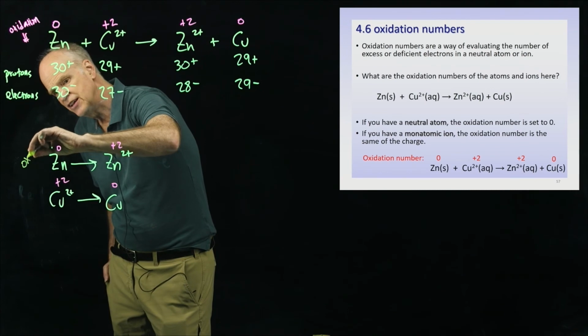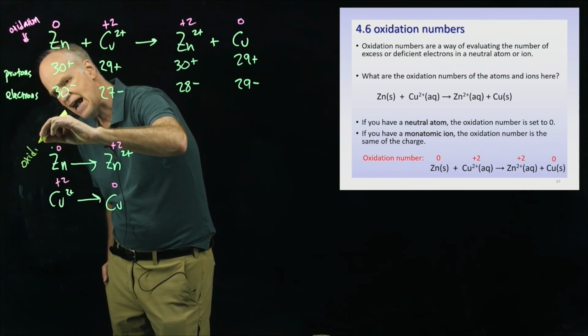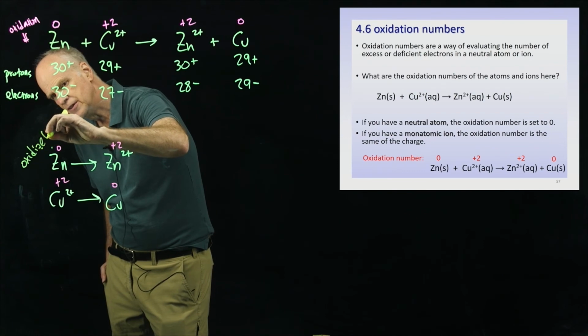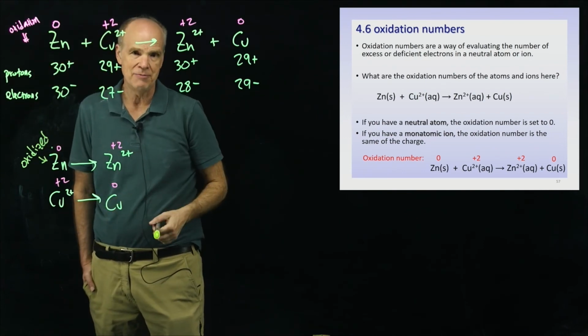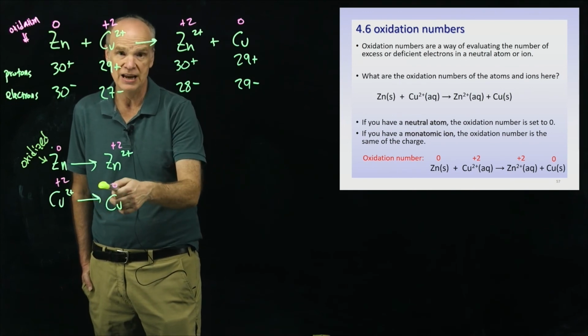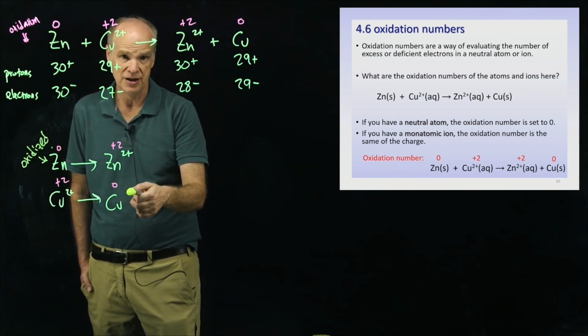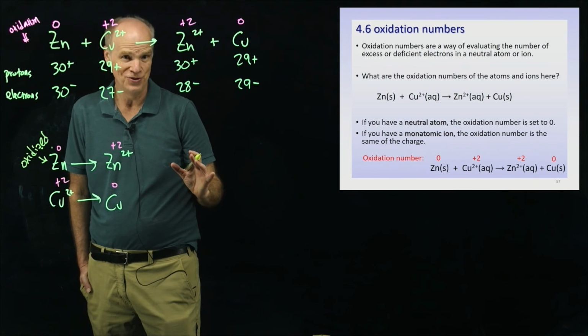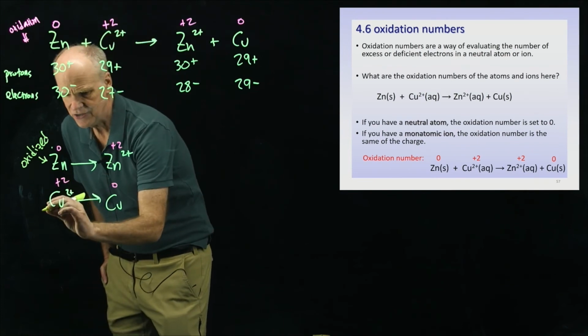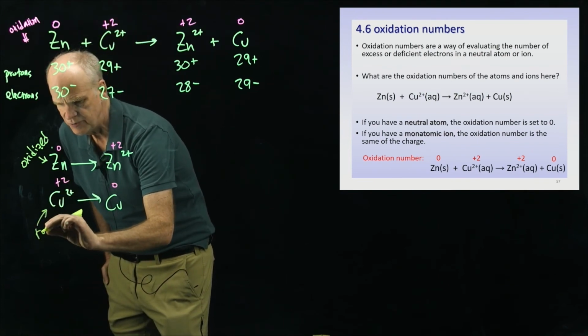And so we've identified this reactant, zinc, as being oxidized. Okay, and then the copper ion is getting a more negative oxidation number. You're having a more reduced oxidation number, and so you can say that the copper ion is being reduced.